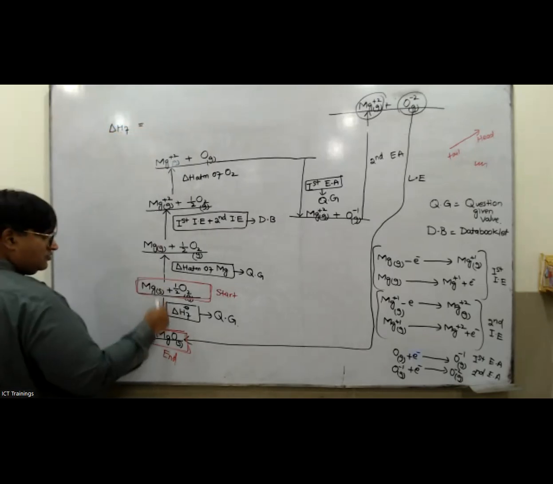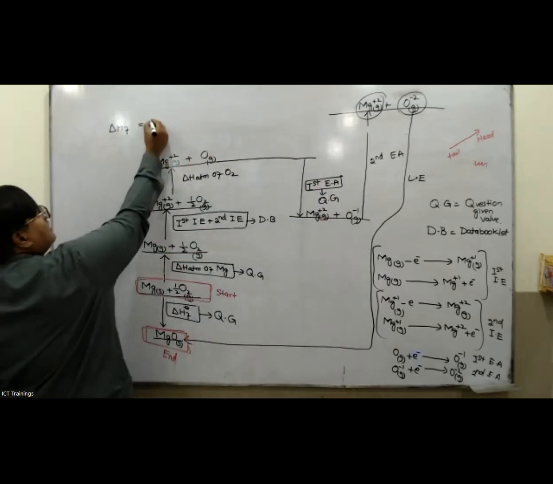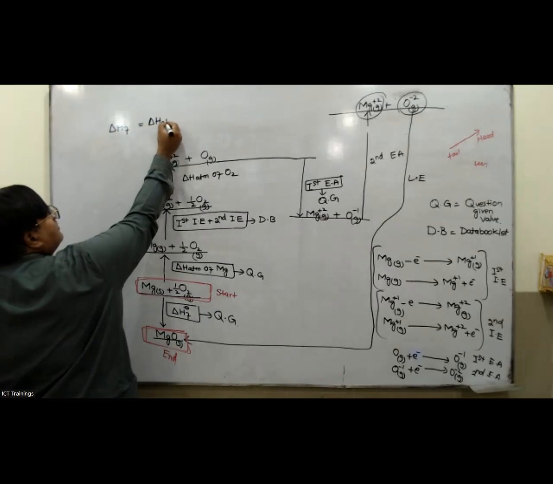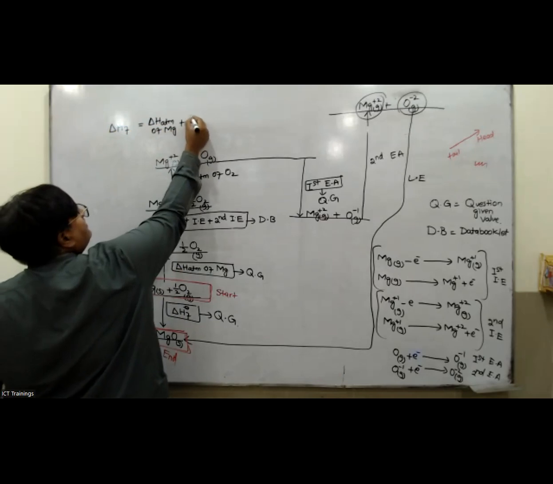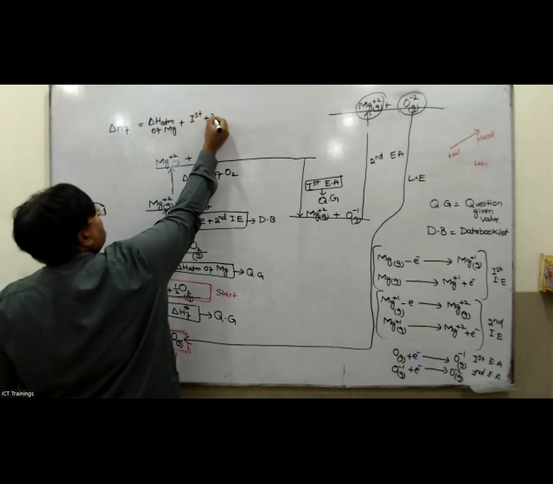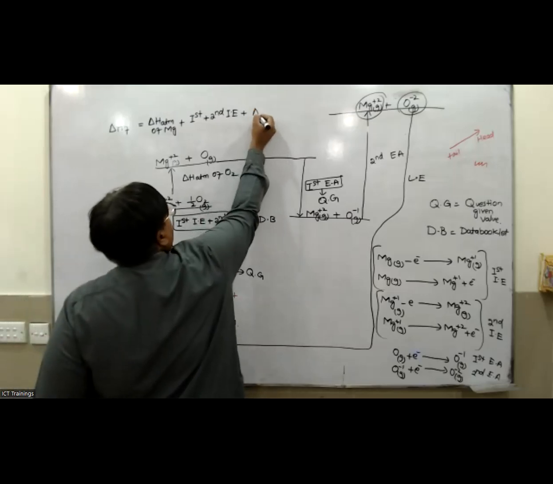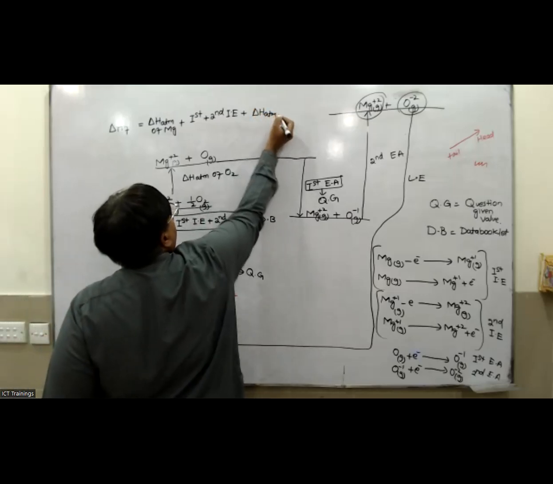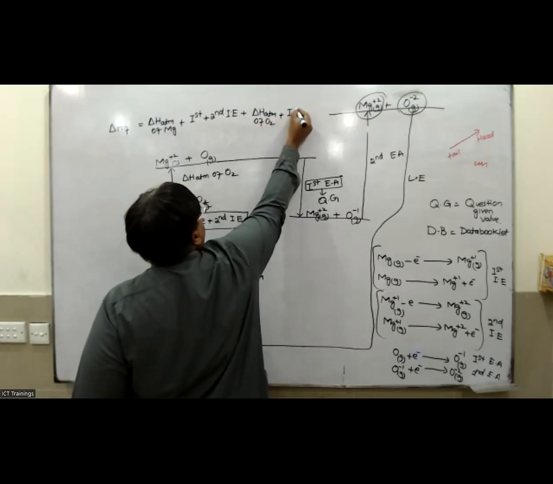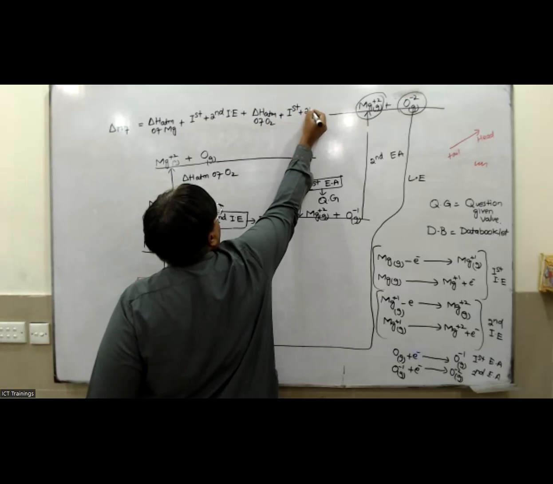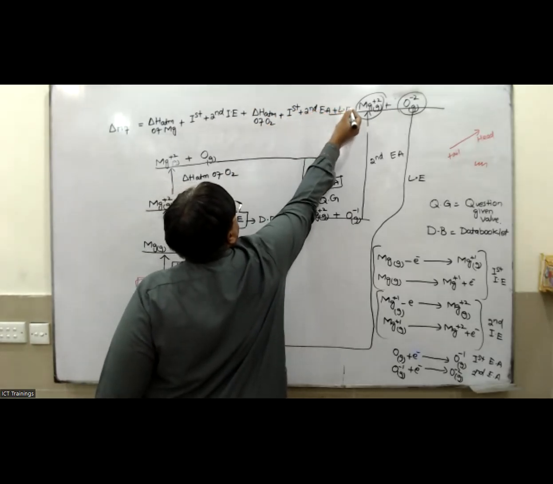That is equal to this whole thing: the atomization of magnesium, then the first plus second ionization energies, then the atomization of oxygen, then the first plus second electron affinity, and then the lattice energy.